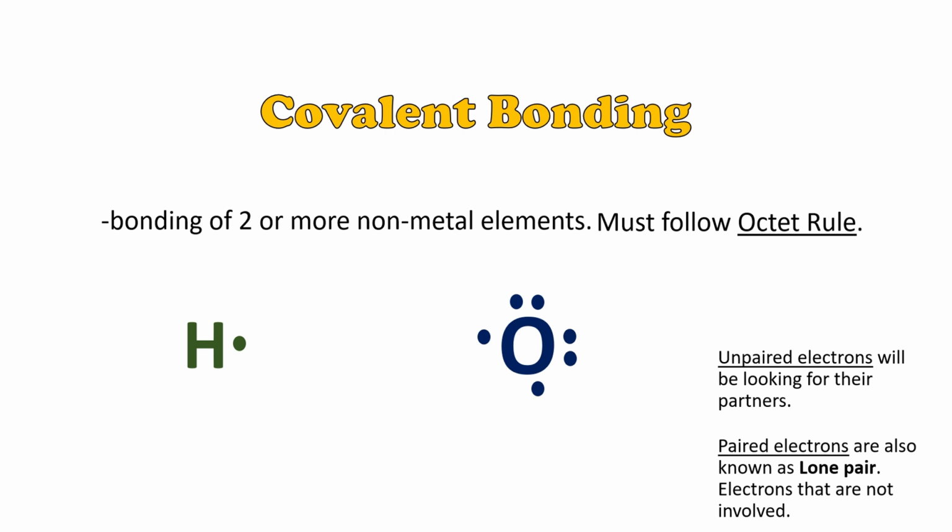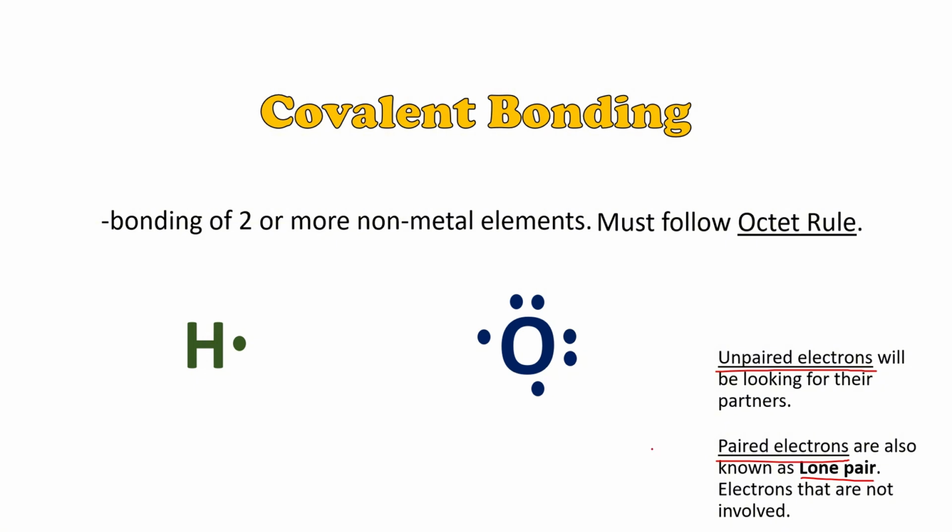So if we're doing the bonding, of course, we need to follow the octet rule structure first so that we will be able to find which are the unpaired electrons and which of the atoms we have here have paired electrons, which we also call lone pairs.